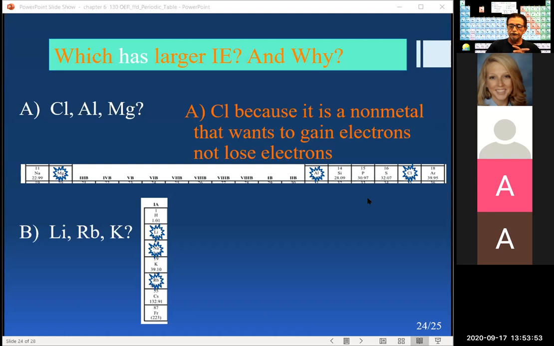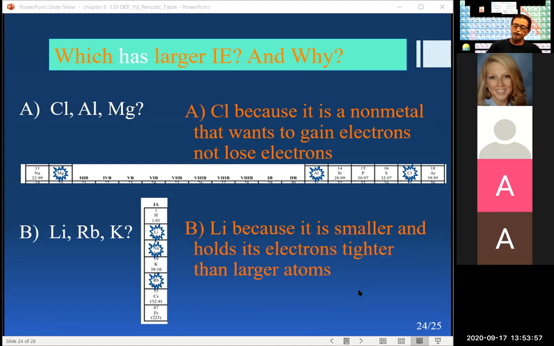Which one would have the higher ionization energy? It would be lithium, because lithium is the smallest of the three. Rubidium, Rb, is down in period 5, the fifth energy level, so its electron is way out there compared to lithium. So its electron will be removed much more readily than lithium's.